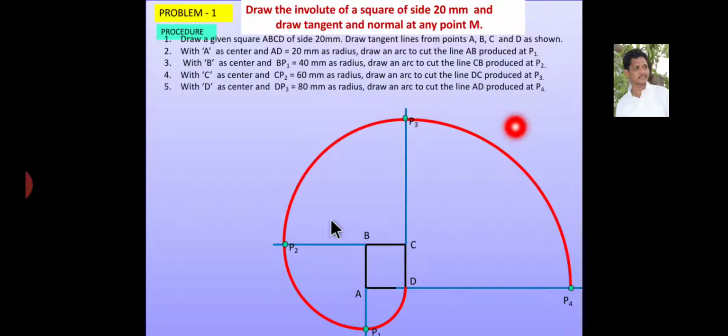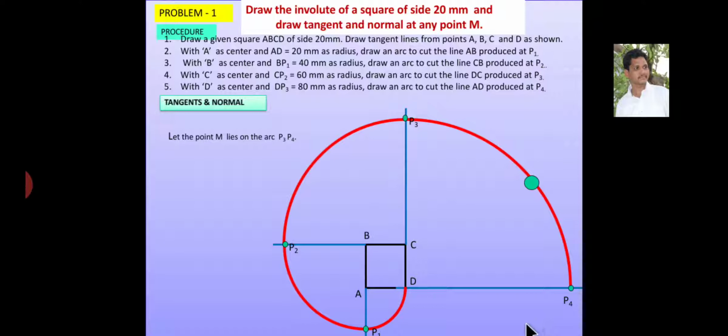Now you have to draw the tangent and normal at any point M on the involute curve. So to draw the tangent and normal, let us consider a point M. Point M lies on the arc P3 P4.